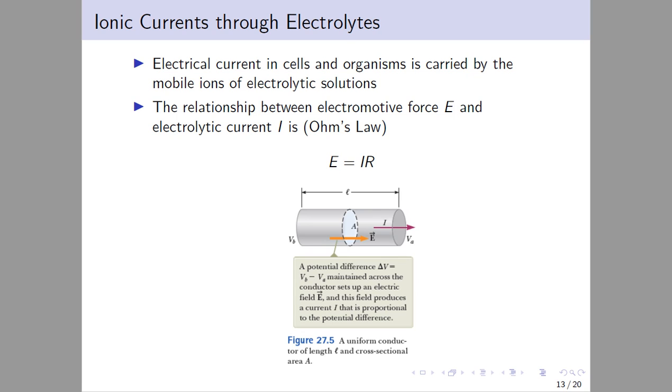Okay, so next is the ionic current through electrolyte. Okay, so here what we want to say is that biomolecule can act as a wire and it can move the electron around from one side to other side. Okay, so in our body we have a signal, we have a neuron.